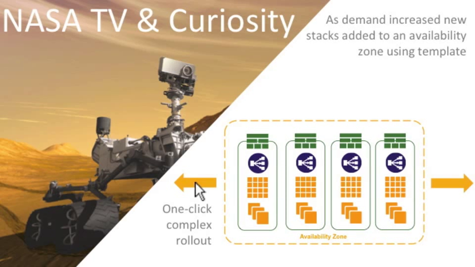Once that stack was deployed, and they added more and more slices, if you like, of capacity to their delivery capability, the stack was also registering this as an available load balancer with the DNS provider they were using, which was Route 53.